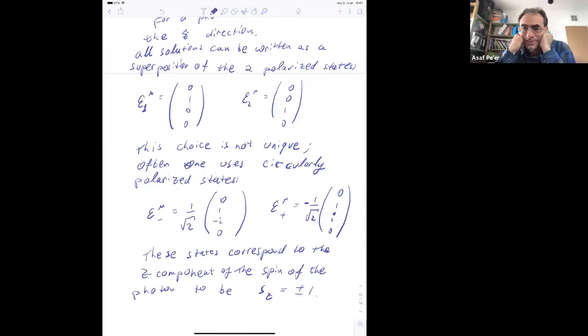Any more questions? Well, if you don't have any more questions, we'll just continue with the discussion of the photon spin. Then I'll introduce something called helicity, and then we'll discuss some symmetries, parity and conjugation.